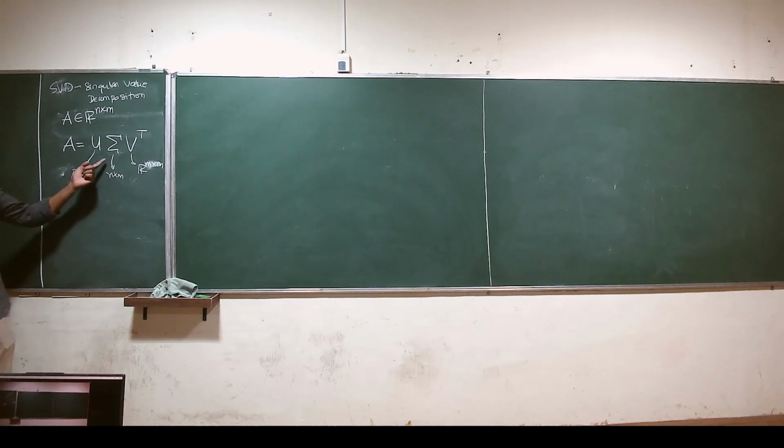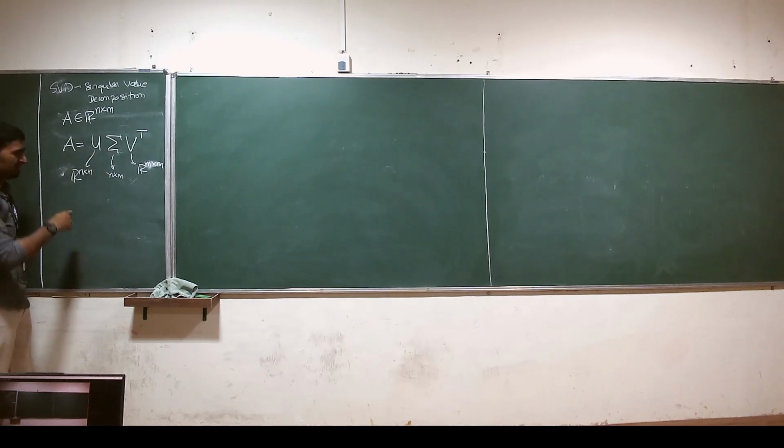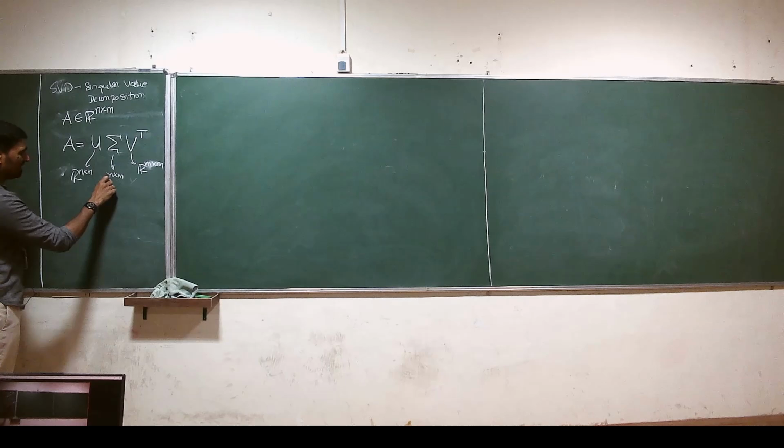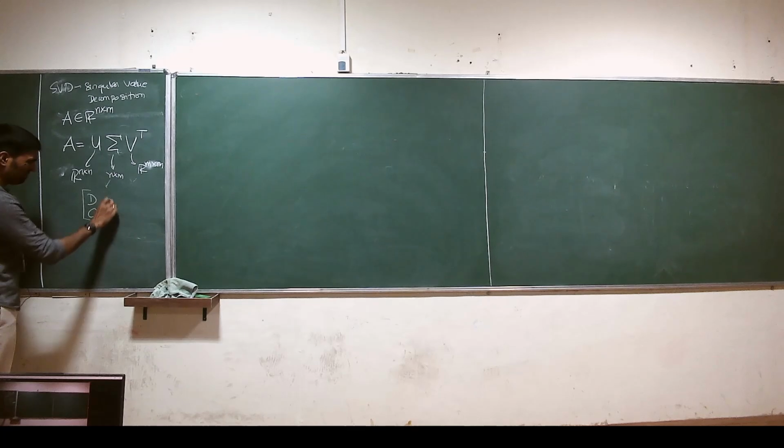Okay, but now you should ask me something, or you should be worried. I'm saying this is a diagonal matrix, but I've written a rectangular matrix. Okay. So what we mean by diagonal is that it's block diagonal, or it's like this. So sigma will in general have a form like this: D 0 0 0.